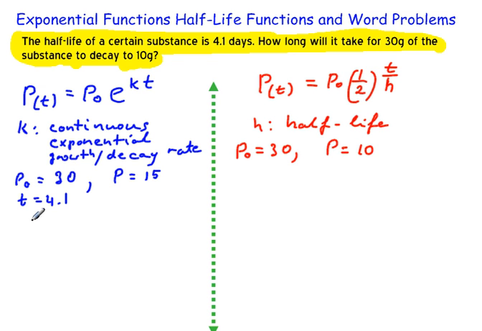So the left side is 15, not 10, is equal to 30 e to exponent k times 4.1. So technically you should see 4.1 k divided by 15, by 30, because I don't want to see this coefficient here, by 30.